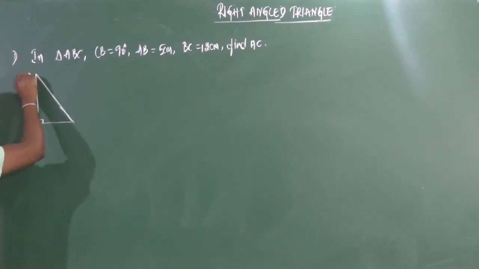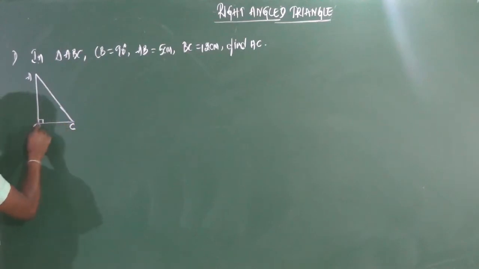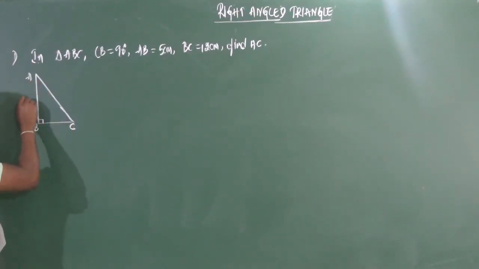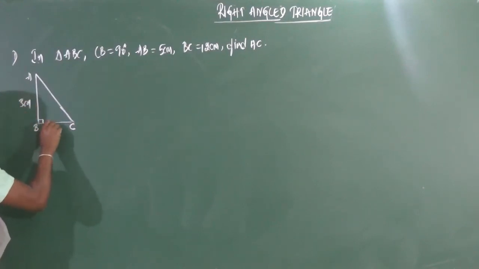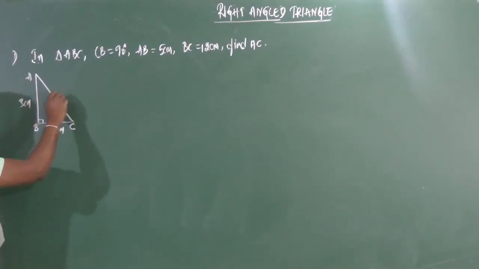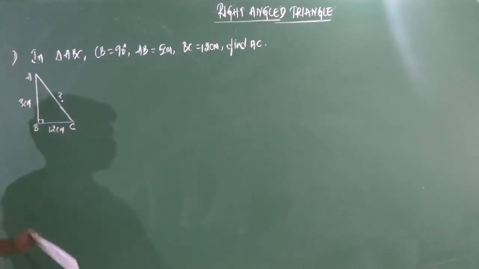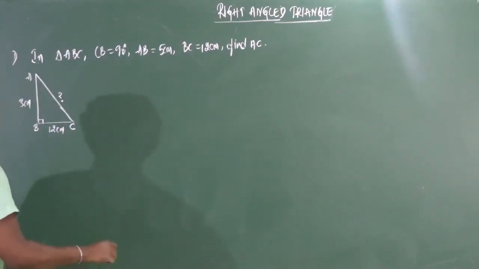So in triangle ABC, angle B is equal to 90 degrees, AB is equal to 5 centimeters, BC is 12 centimeters. Find AC. This will be asked in your examination for 1 mark.